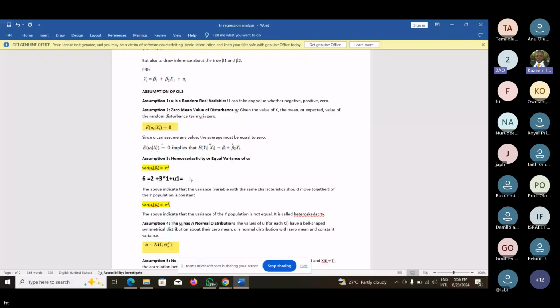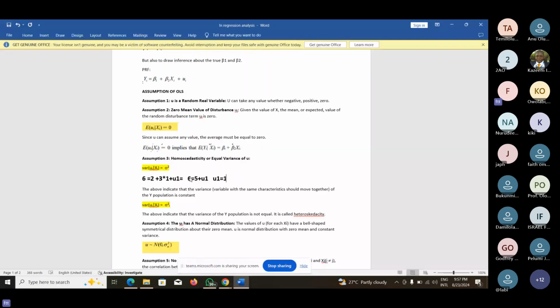So let's say after solving this particular equation. Are you guys with me? Continue. So after solving this particular equation, 6 will be equal to 5 plus u1. So when you collect the like terms, u1 will be equal to 1.